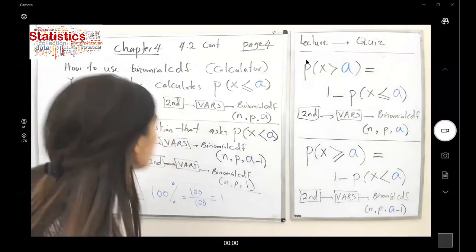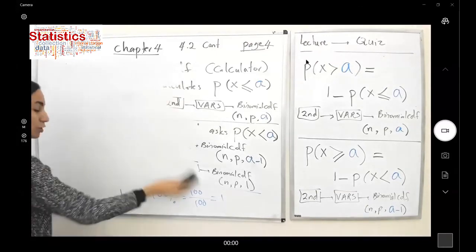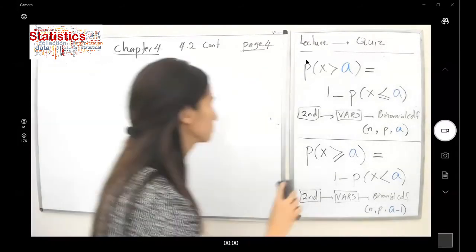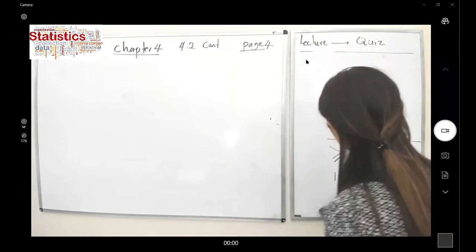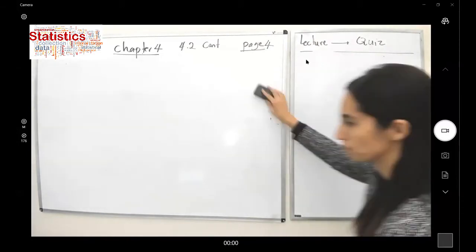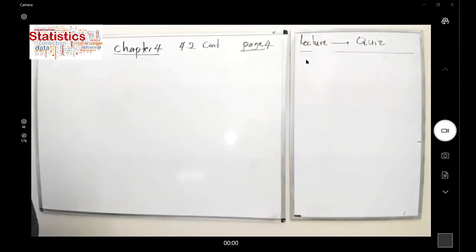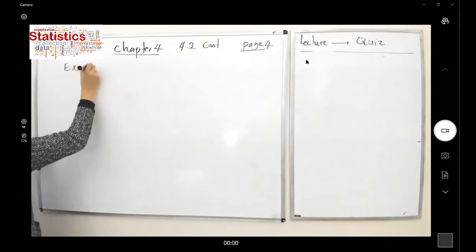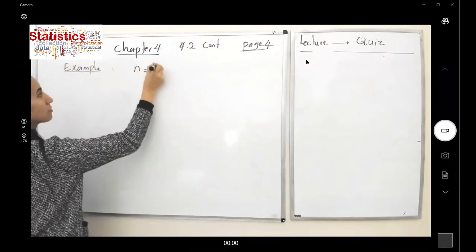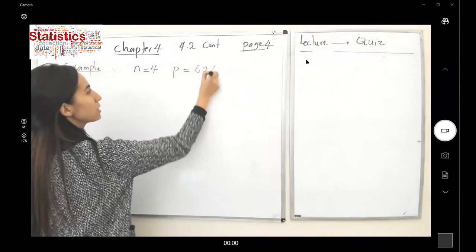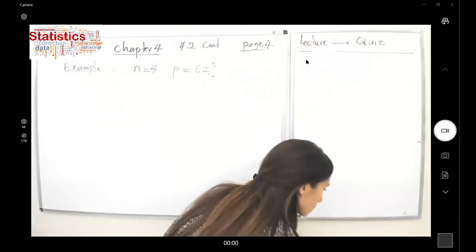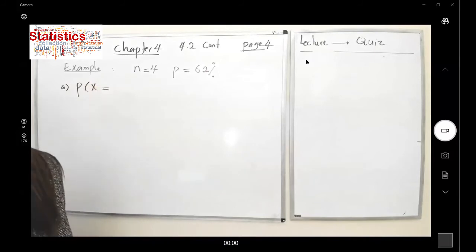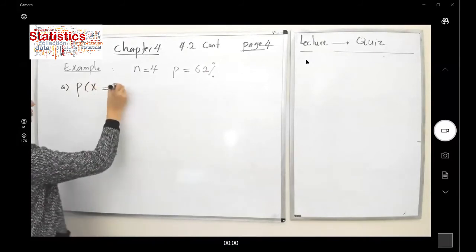So let me erase this here. And we're going to get back to the previous example. So in the previous example, what we had? N was 4, P was 62%, and we wanted to find, A, the probability that X is exactly 2.